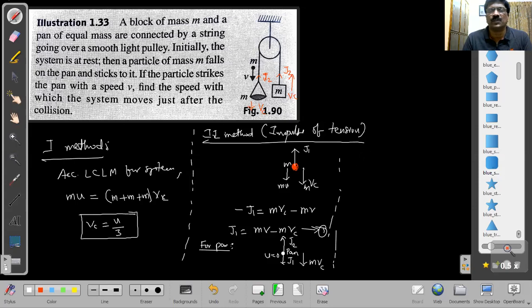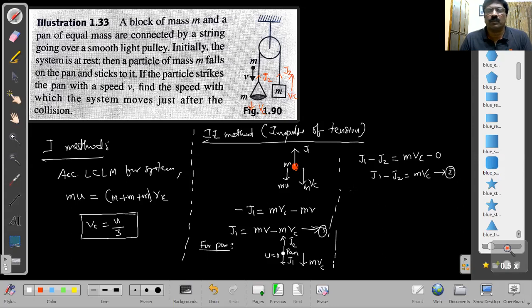Therefore the net impulse received by the pan, J1 minus J2, is equal to the final momentum of the pan, m into Vc, minus the initial momentum, which is 0 because initially the pan and block both are at rest. Therefore J1 minus J2 is equal to m Vc. This is equation 2.